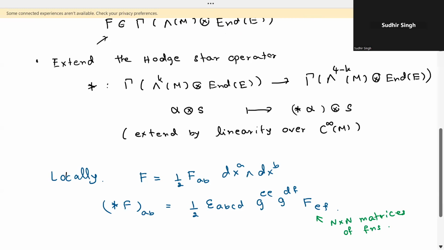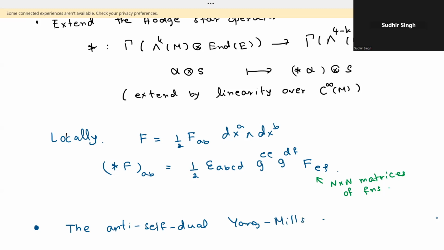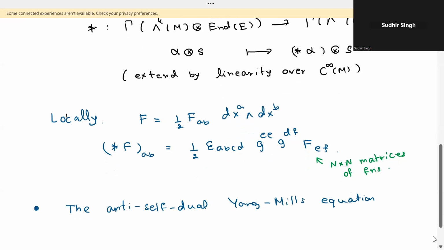Now, this is the end of the first chapter, so now I can say what the anti-self-dual Yang-Mills equation is. The anti-self-dual Yang-Mills equation is just the condition that the curvature of a connection is anti-self-dual. Just this one.